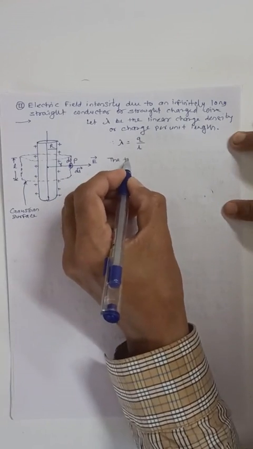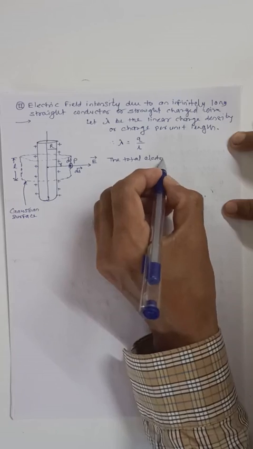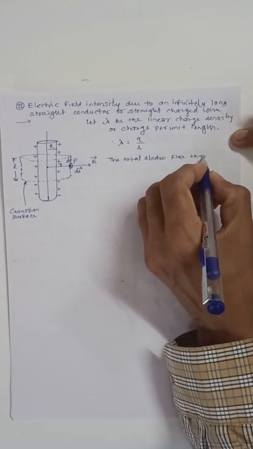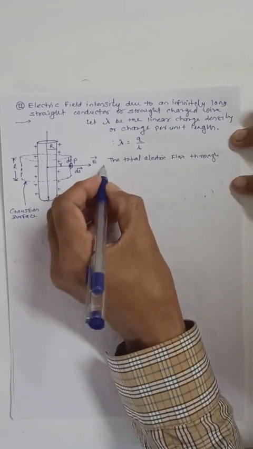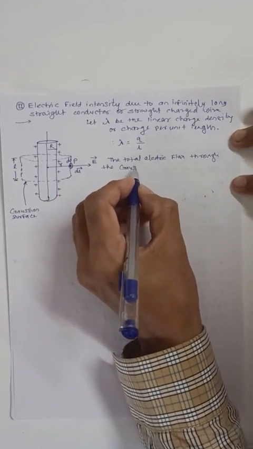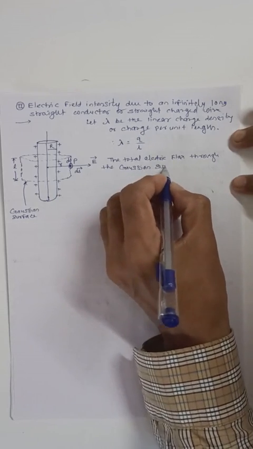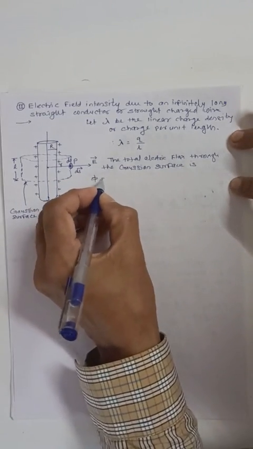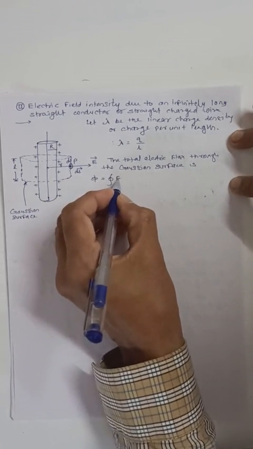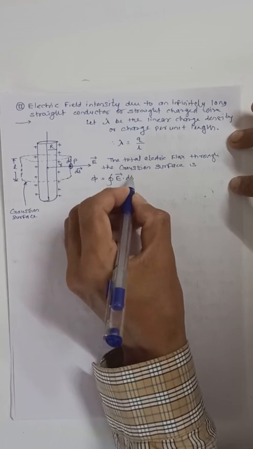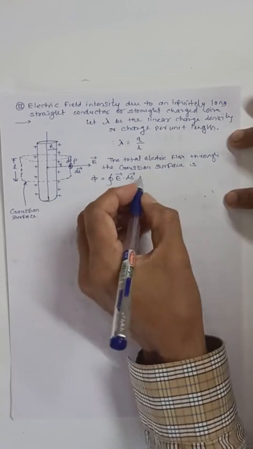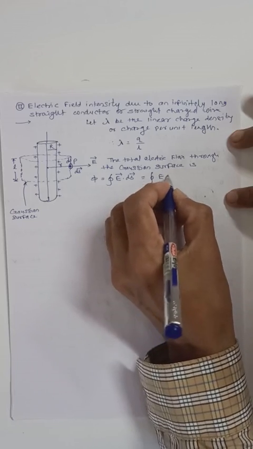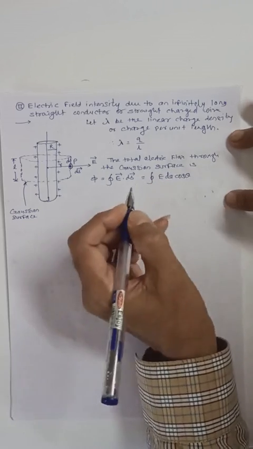So the total electric flux through the Gaussian surface is phi is equal to closed integration of vector E dot vector ds, or it is also equal to closed integration of E ds cos theta.